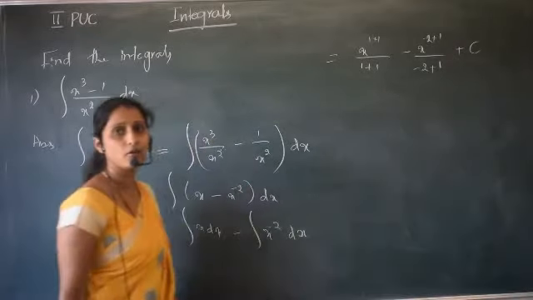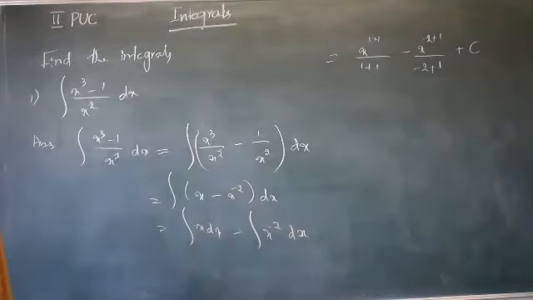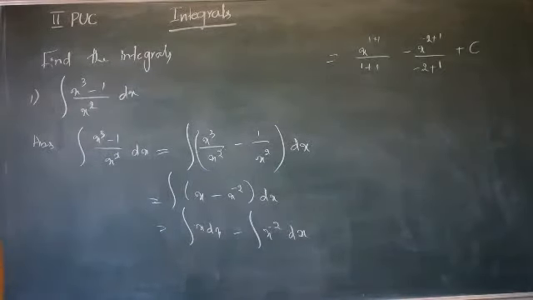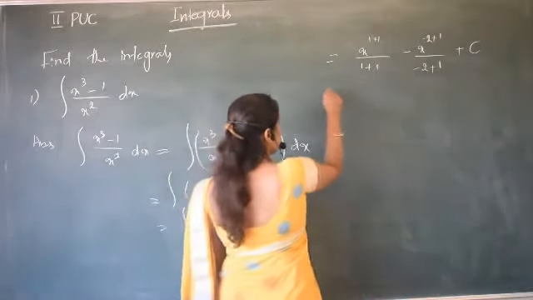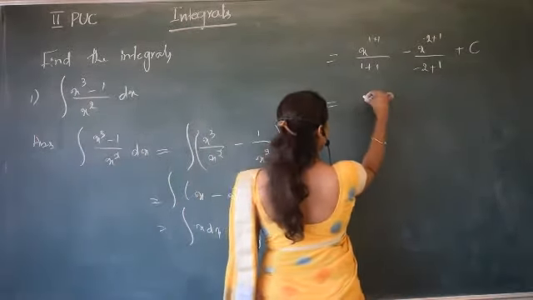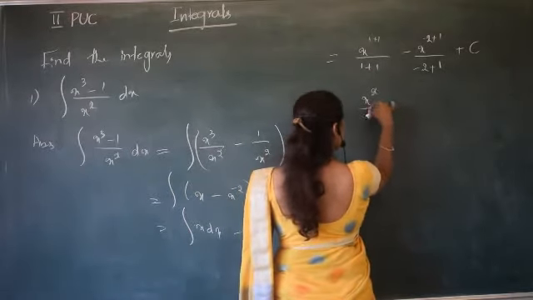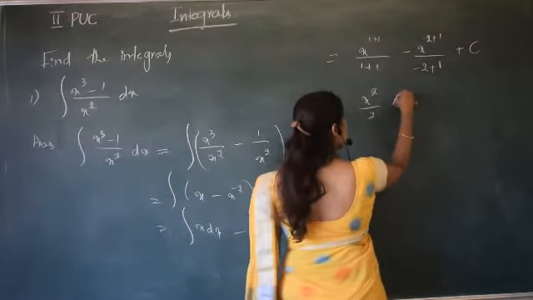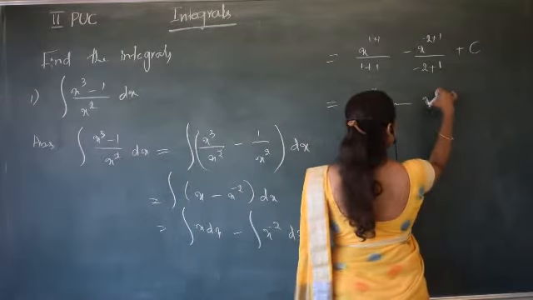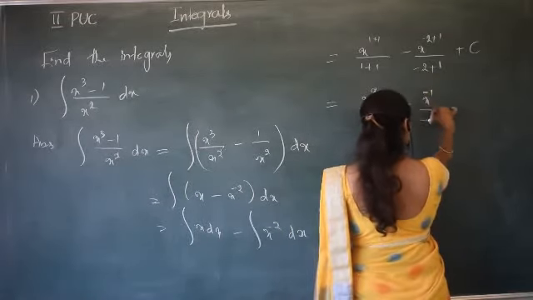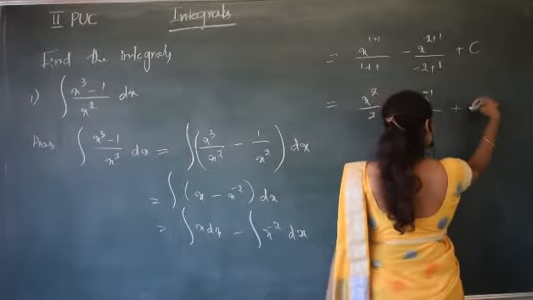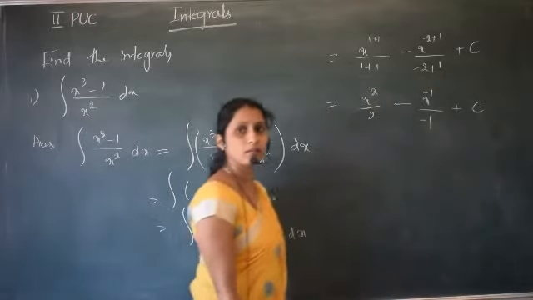Plus c we have to add because we are finding the antiderivative. Therefore this is equal to x square by 2 minus x to the power minus 1 divided by minus 1 plus c.